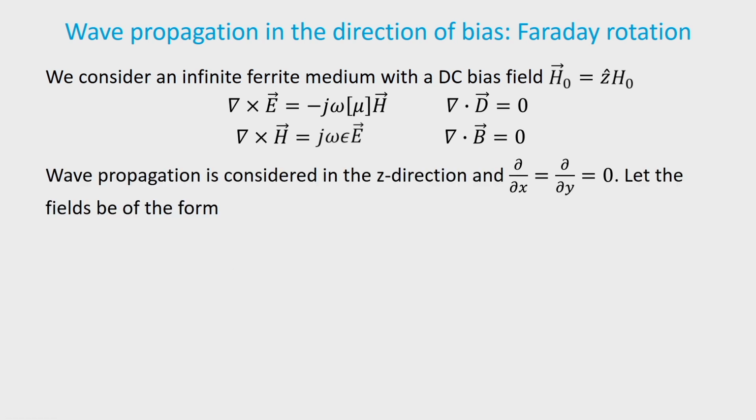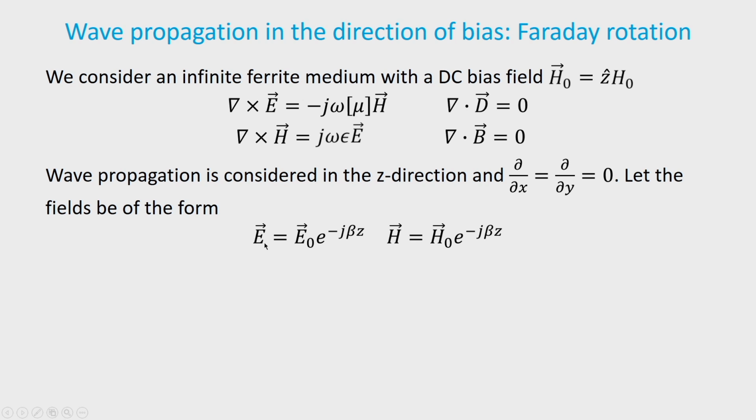Now, we consider a plane wave propagating along z, and for a plane wave propagation we will have del/del x equal to del/del y equal to 0, and also let us assume that the propagating fields can be described by E bar equal to E naught bar e to the power minus j beta z, H bar equal to H naught bar e to the power minus j beta z. So, we are only considering the phasors.